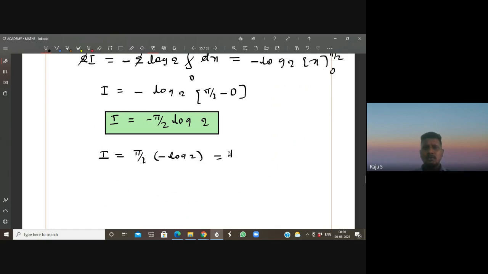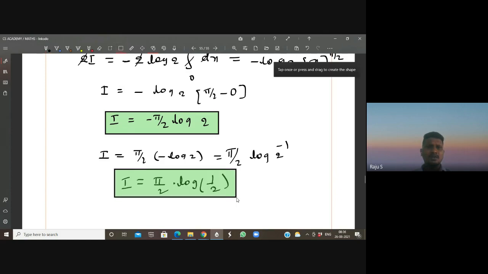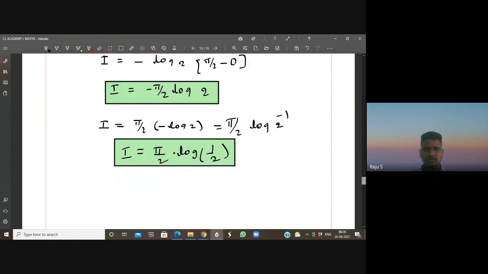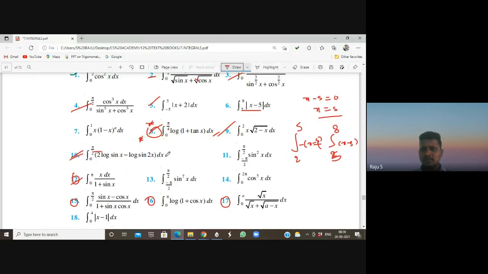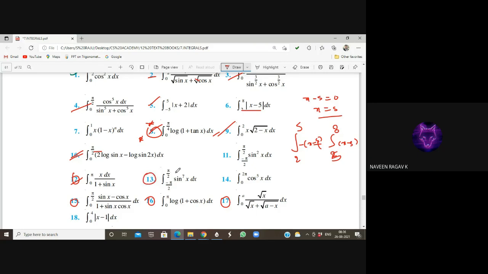Shall I write this value is pi by 2 log 2 power minus 1, which is log 1 by 2. We may write the answer in 2-3 ways. So the above one is correct, the below one is correct. I don't know what answer they have given in the textbook. So what is the book back answer? Minus pi by 2 log 2.